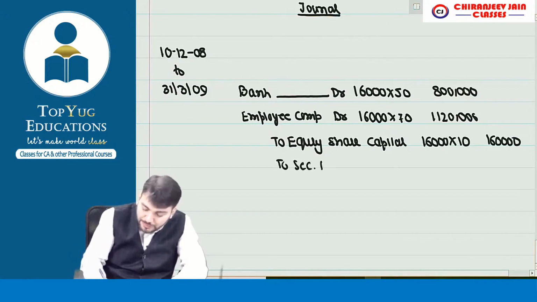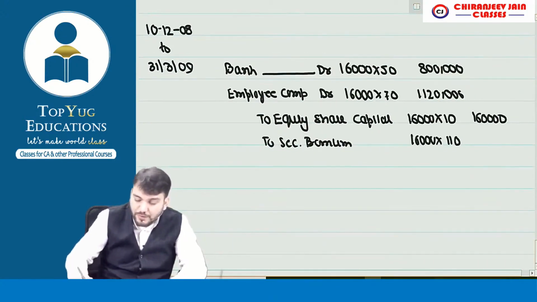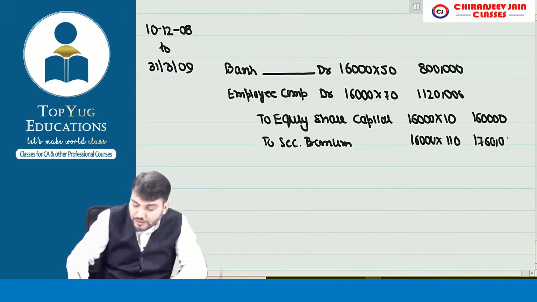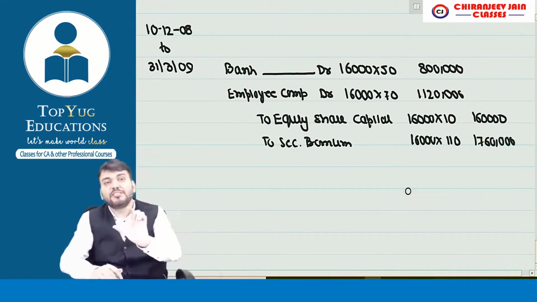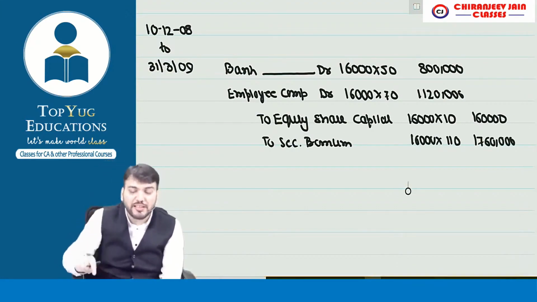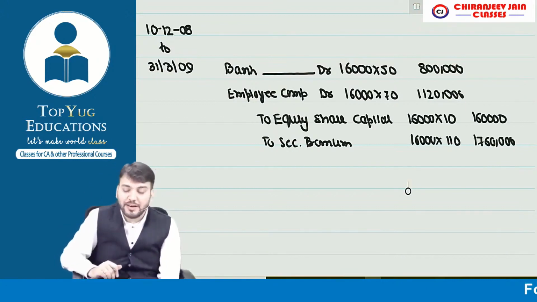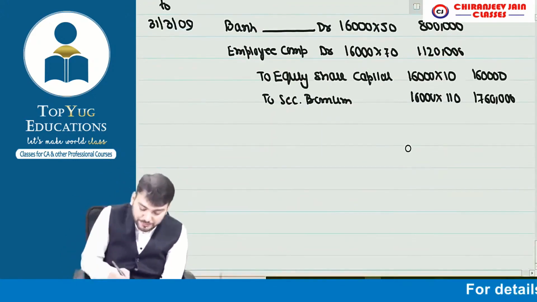To securities premium, it will be 16,000 into 110, that is equal to 17 lakh 60,000. Have you understood? Directly one journal entry we are passing, instead of recognizing stock option outstanding account. Directly we are passing the journal entry for 16,000 options which got exercised. Have you understood this point?